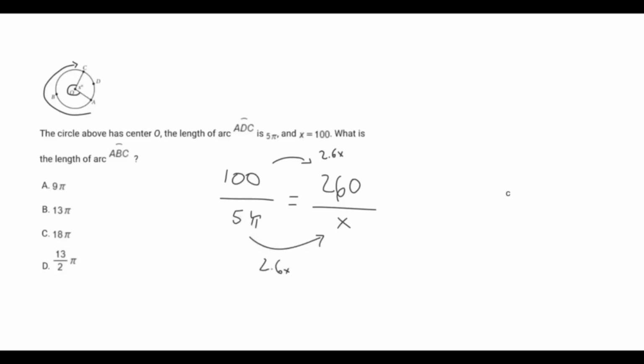And so here we can just do 5 times 2.6 pi. And that's the same thing as multiplying 5 pi by 2.6. So 5 times 2.6 will give us 13, right? And then we can just add the pi next to it. So we get 13 pi as our final answer.